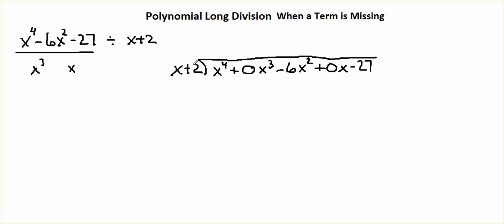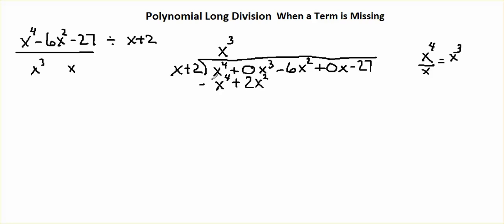So let's go ahead and do the division. X goes into x to the fourth how many times? X to the fourth divided by x is x cubed. So let's write it up here. Let's distribute our x cubed across both terms. X times x cubed is x to the fourth. 2 times x cubed is 2x cubed.